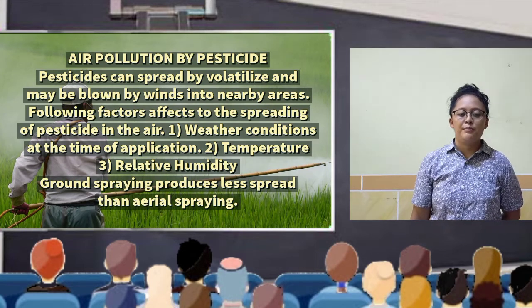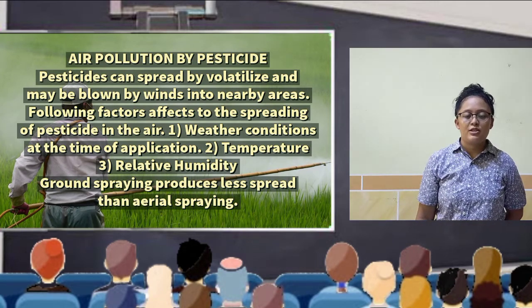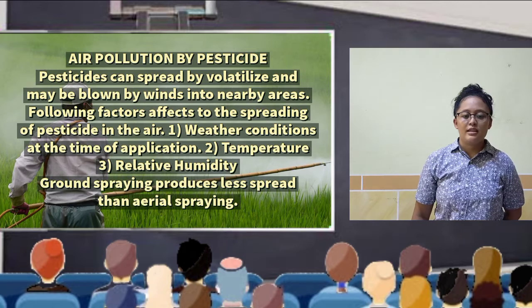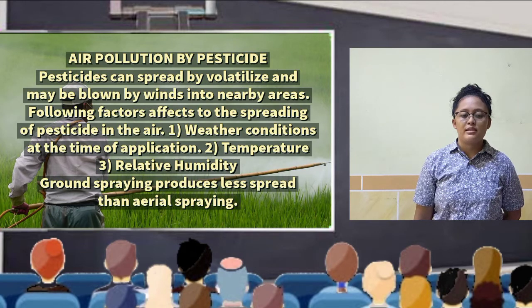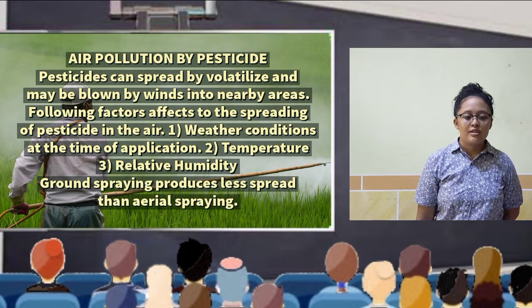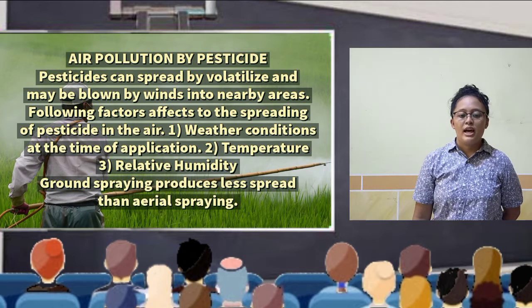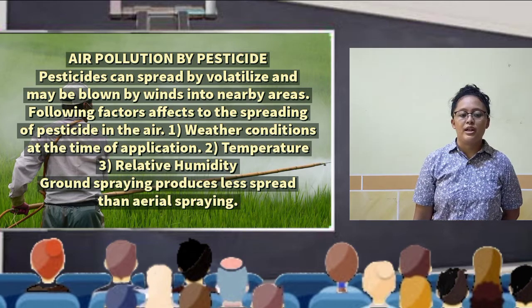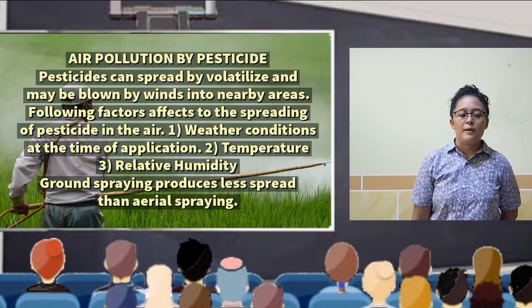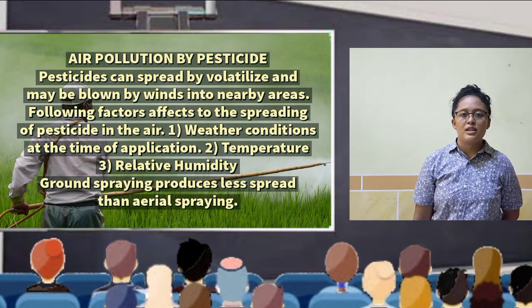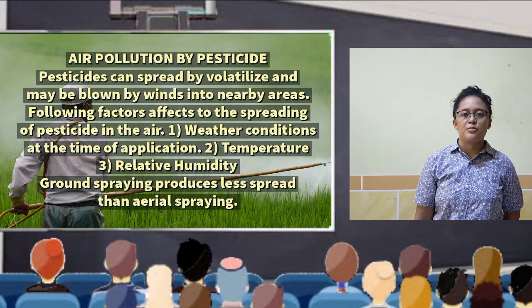Air pollution by pesticides. Pesticides can spread by volatilizing and may be blown by winds to nearby areas. The following factors affect the spreading of pesticides in the air. First is weather conditions at the time of application. Second is temperature, and third is relative humidity. Ground spraying produces less spread than aerial spraying.